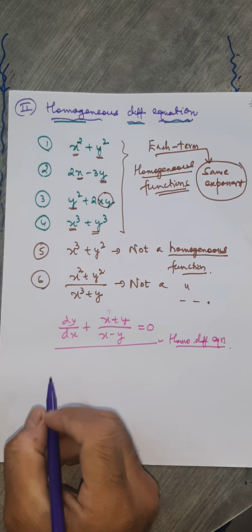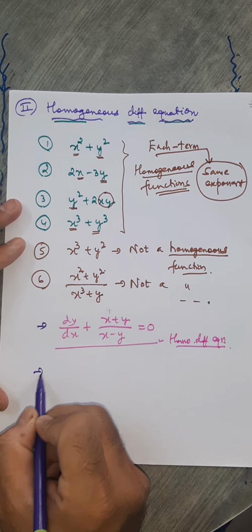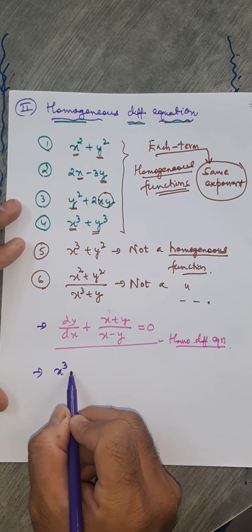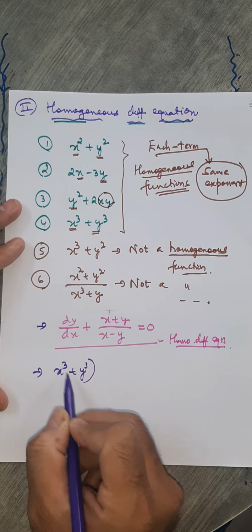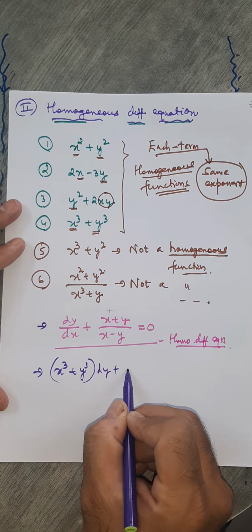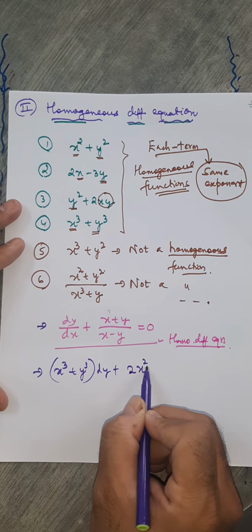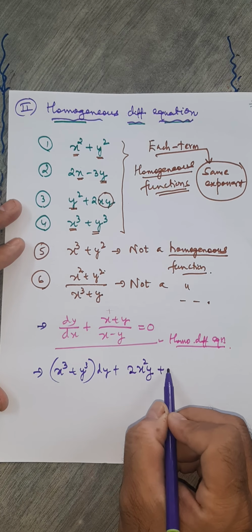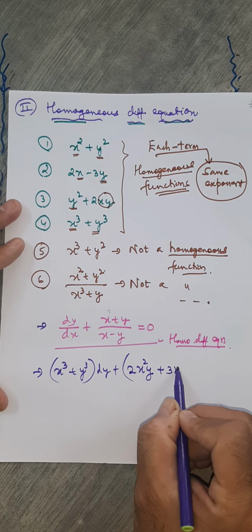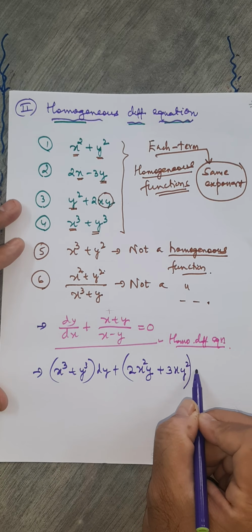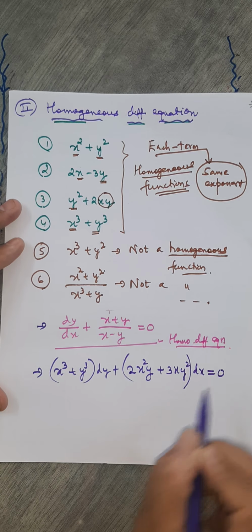If I write one more here, let me write x cube plus y cube into dy plus 2x square y plus 3xy square into dx equals to 0.